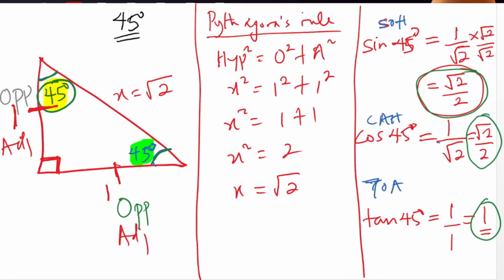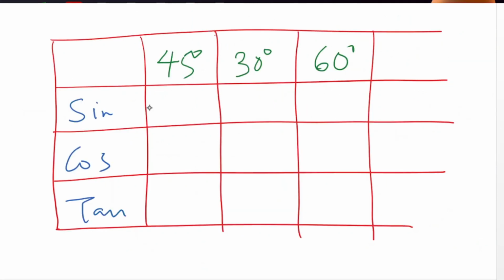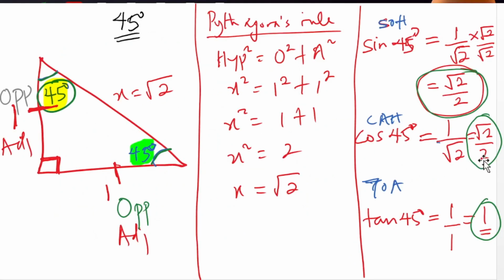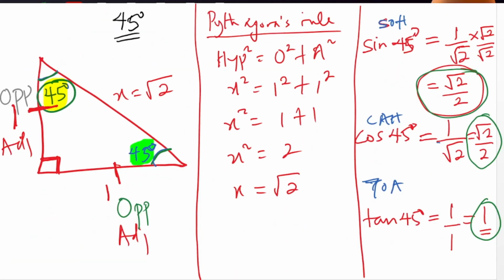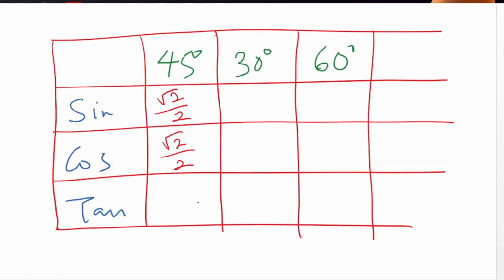Let's fill them. For the first one, sine 45 degrees is root 2 over 2. Then cos 45 degrees is still the same thing, root 2 over 2. And tan 45 degrees is 1. We put 1 there.